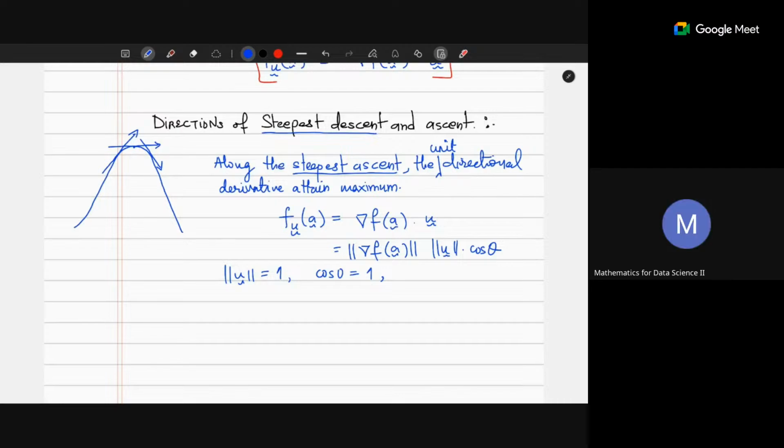Okay, that's better. So cos 0 is equal to 1. Now, what is the value of the directional derivative? The value is precisely the norm of the gradient.